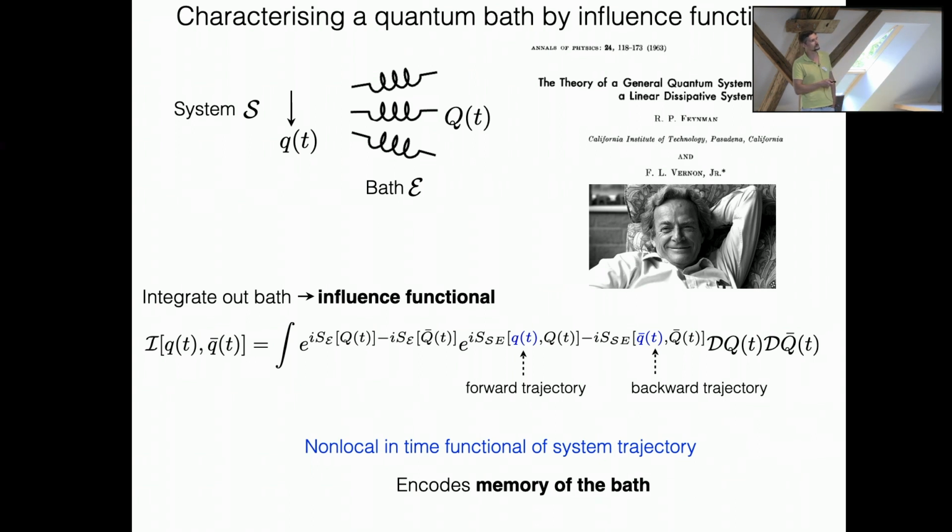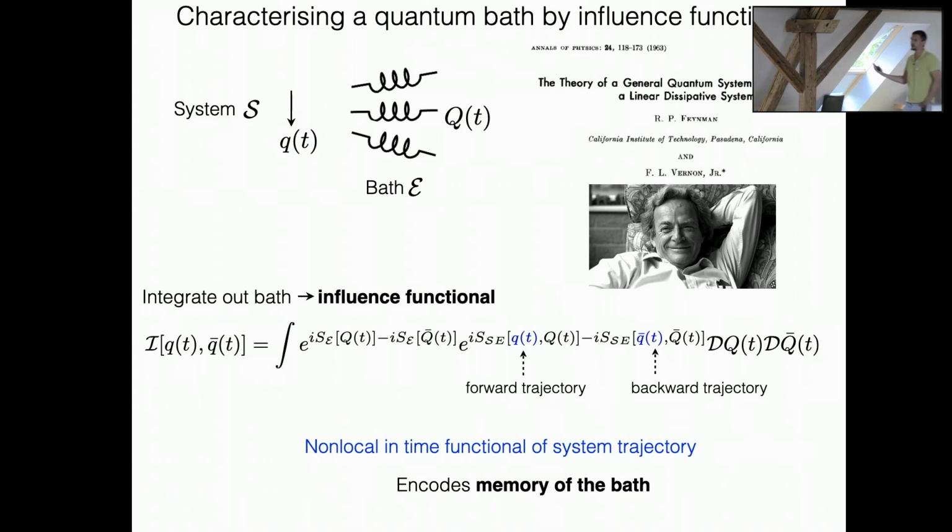Here I'm denoting them by capital Q, and you get a path integral of this form where you have the action of the environment of the bath here. You also have forward and backward trajectories because we are doing Keldysh, and then the interaction between the bath and your system enters here. Essentially the trajectory of your system enters as a parameter in this integral, and that defines the influence functional, which is a functional of the forward and backward trajectory of your system only.